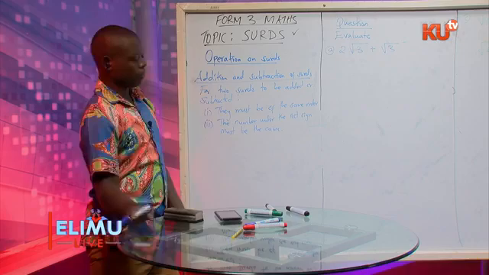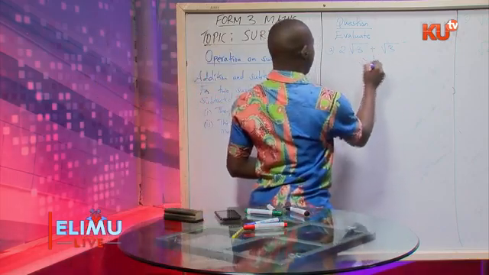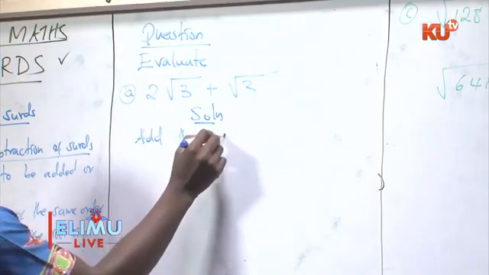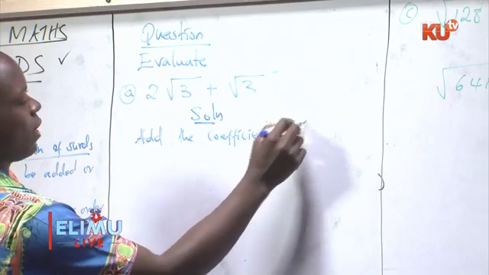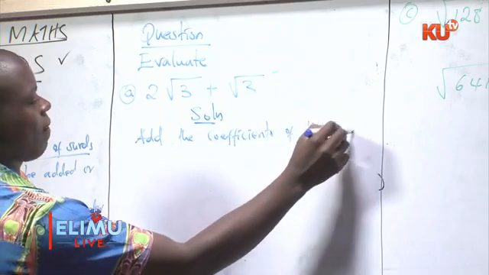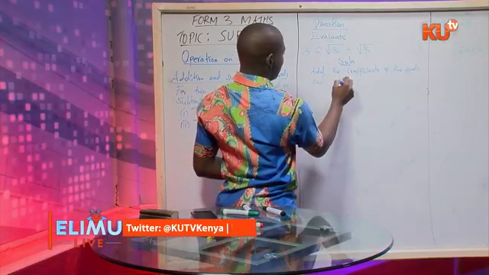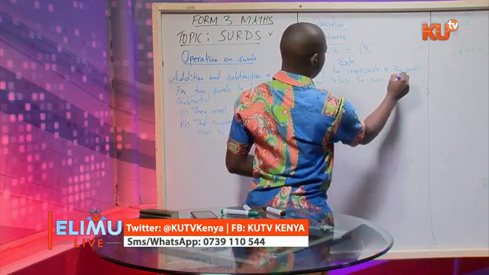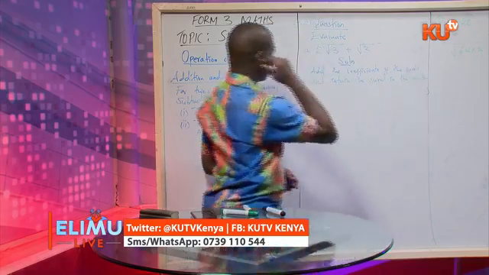So how do you work it out? What you do is simply add the coefficients of the surds and retain the surd in the solution. Only work out the coefficients.